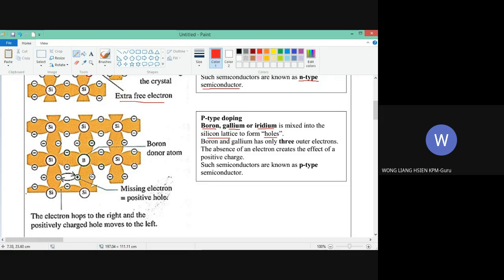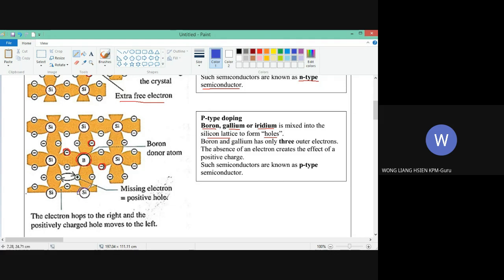So for example, let's say this boron is red color. So the boron electrons are this one, this one, this one. This is the boron electron, boron electron, boron electron.